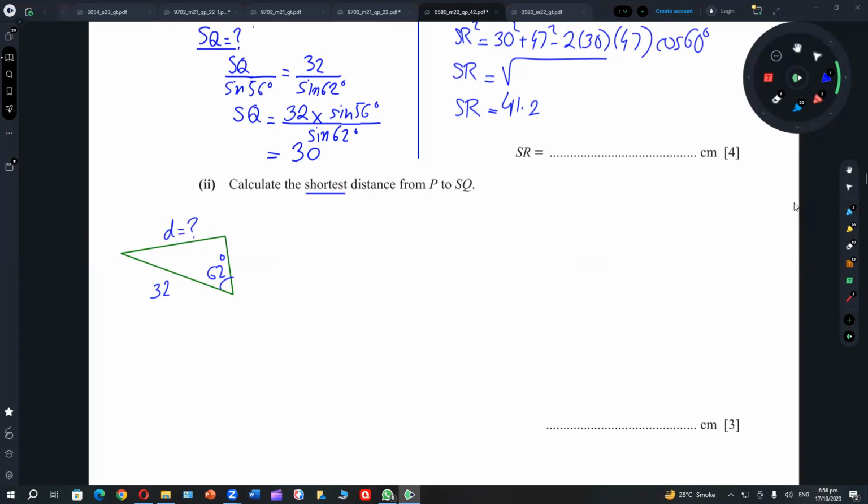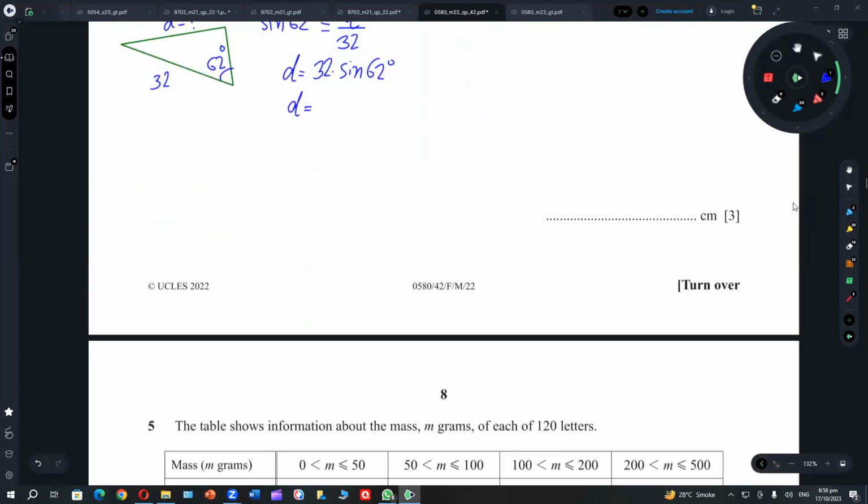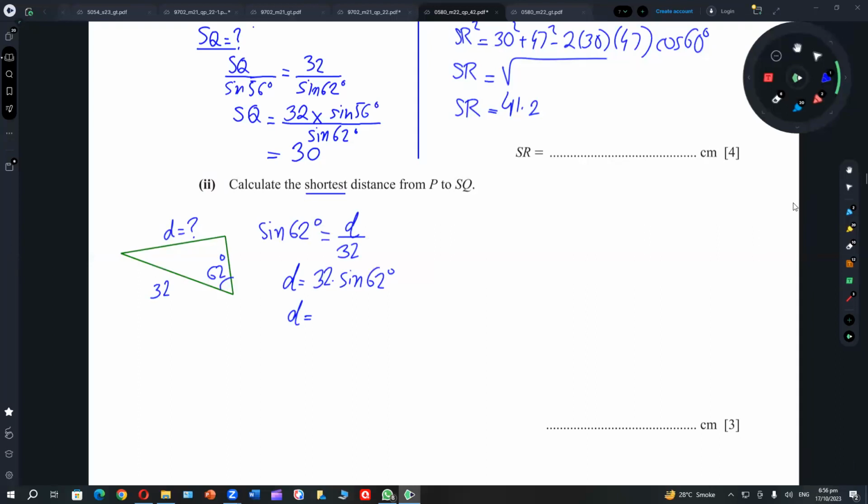I just did simply 32 multiplied by sine 62. How much is the answer? 28.25.